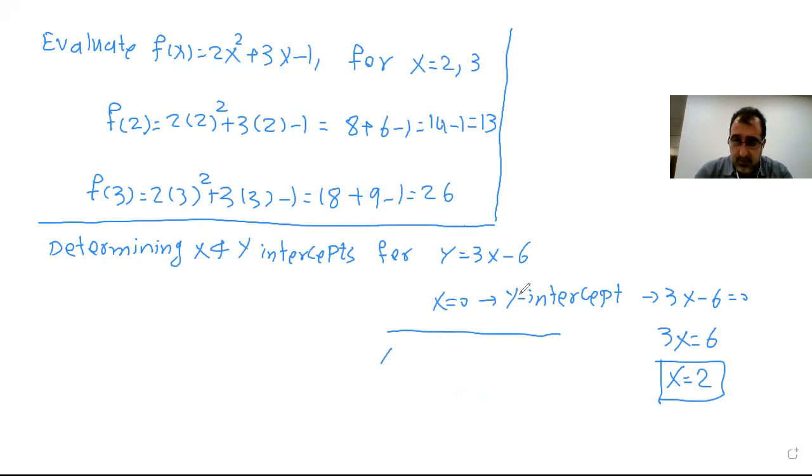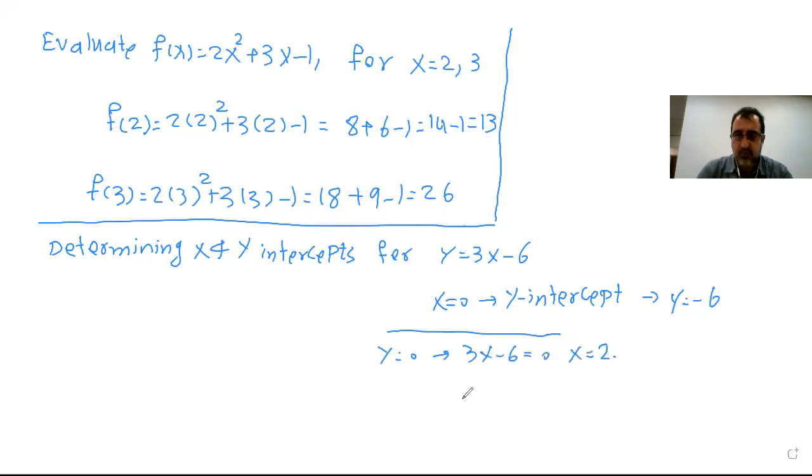I'm trying to correct myself. For the x-intercept y is 0, and I solved it. For the y-intercept x is 0, and y is going to be negative 6. For y equals 0, you're going to get 3x minus 6 equals 0, so x is going to be 2. That's all for the first session.